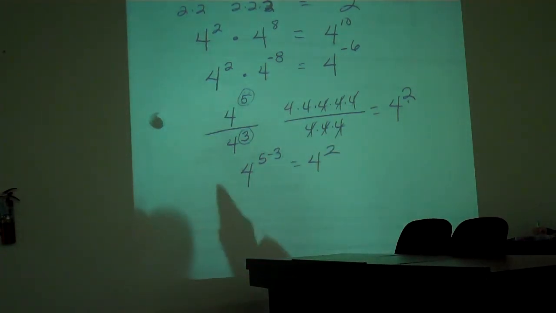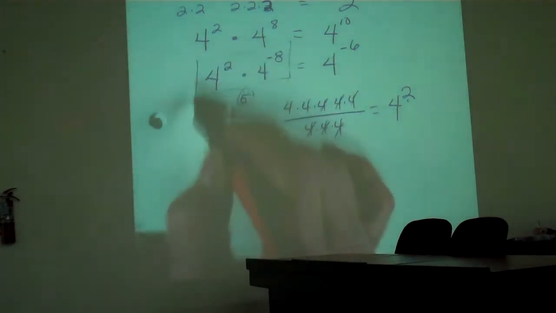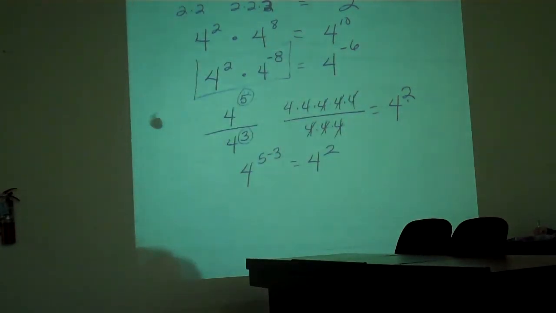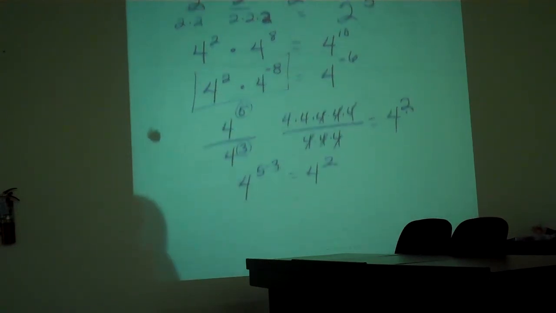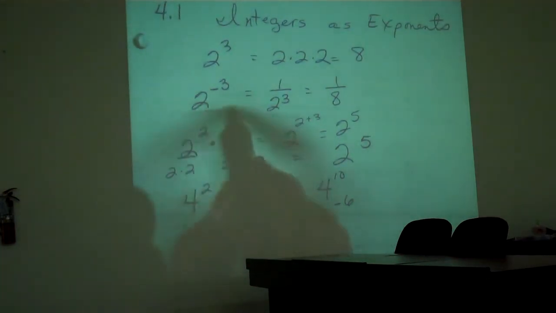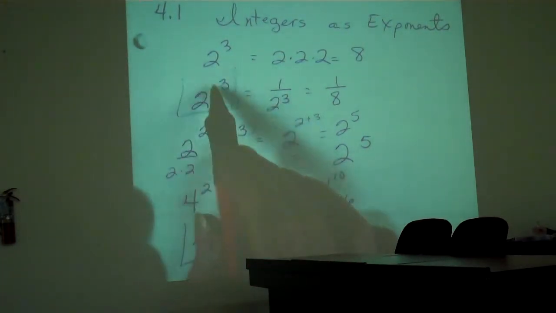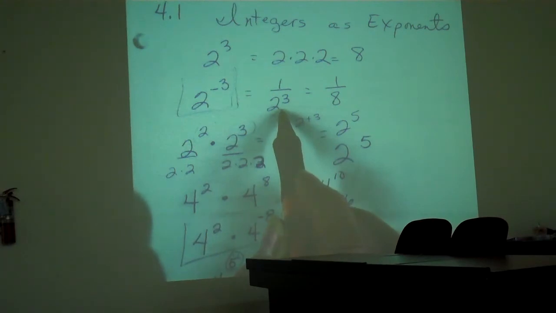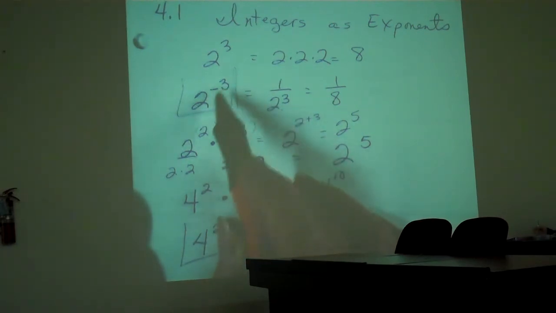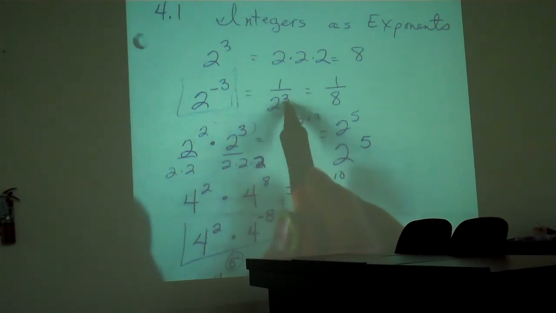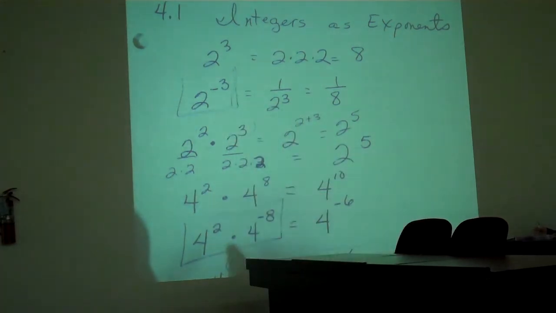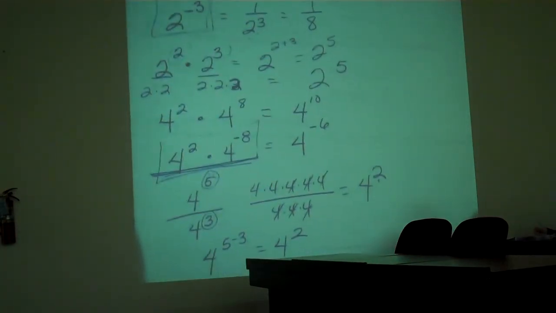Okay, look at this one that we did before. 4 to the 2 times 4 to the negative 8. Remember when we said a negative was like it was on the bottom? 2 to the negative 3 is the same as 2 to the 3rd being on the bottom. Let's look at this one using that concept.